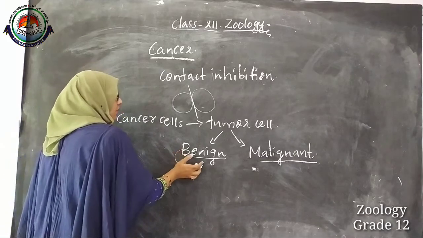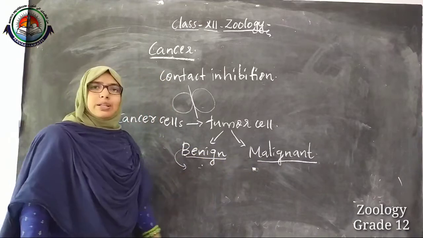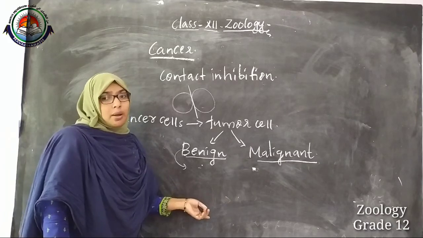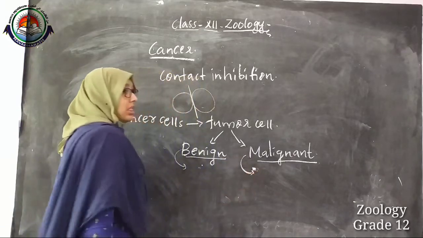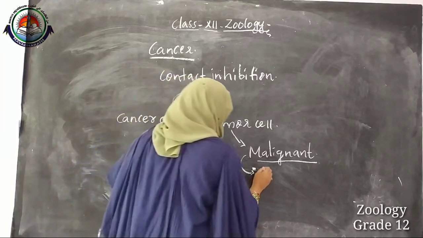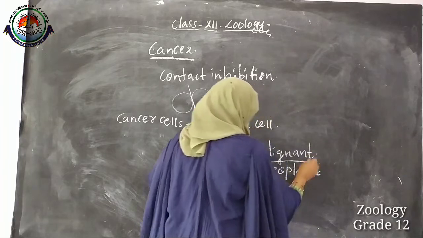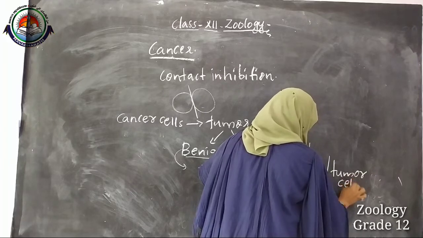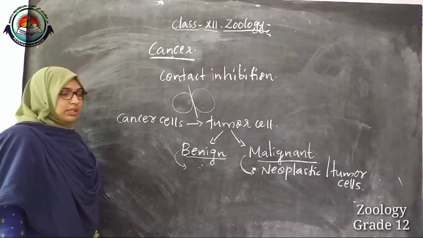When comparing benign and malignant, benign tumors are less serious and cause less damage to the body, whereas a malignant tumor is a mass of proliferating cells, and those cells are known as neoplastic cells or tumor cells.